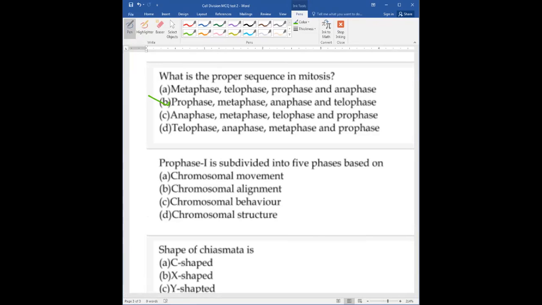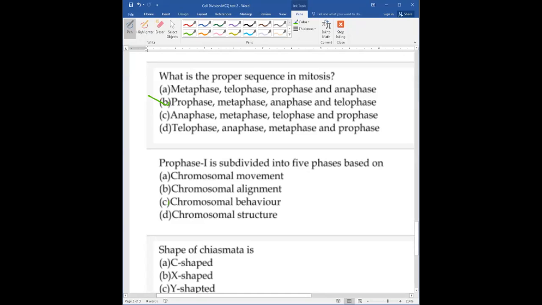Yes. Think about it. Only one person has given me the actual right answer. Okay, guys, what is it? It is your chromosome behavior.